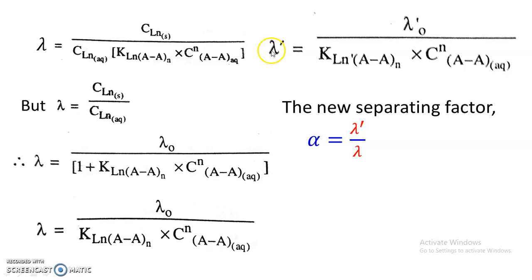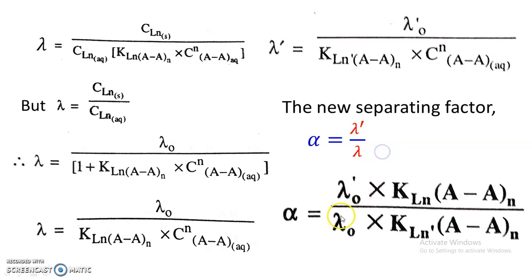Now we know the value of lambda dash and we know the value of lambda, and therefore by substituting the values of lambda dash and lambda we can write, so the common terms get cancelled here.